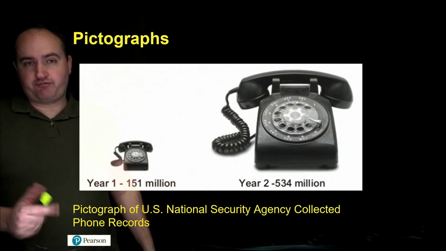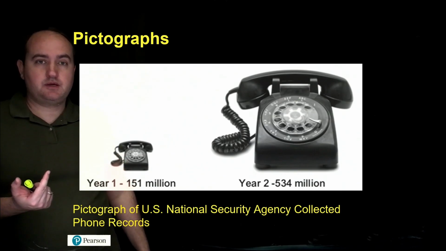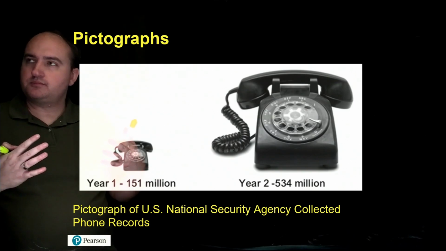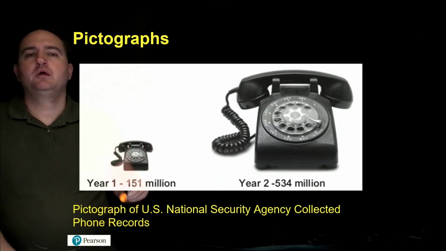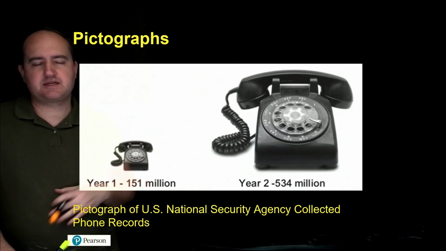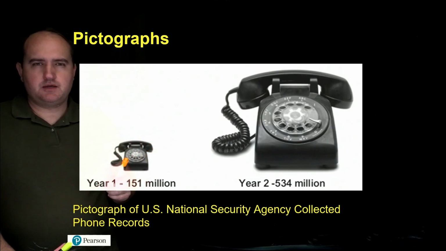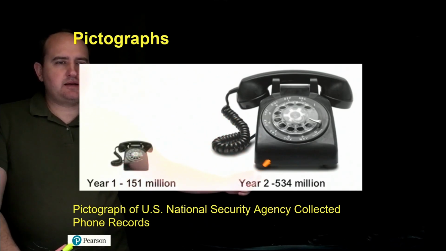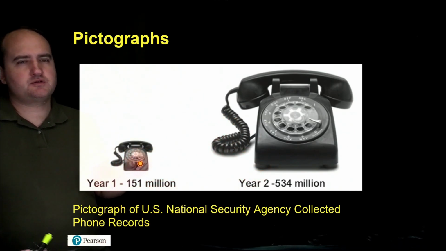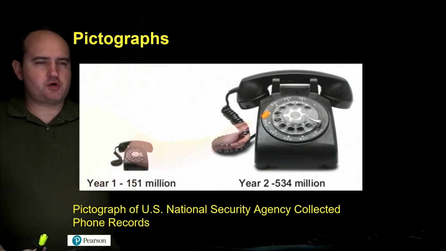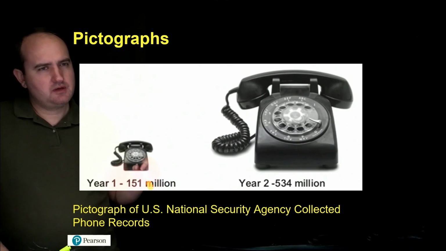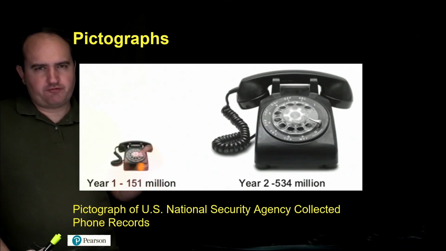Now, what I'm actually referring to when I say size is I'm just looking at the picture and, in my mind, I'm imagining the area. But the thing is, this is exaggerating the difference between these 2 years. So in the pictures, I want to say the phone on the right is about 8, 9, or 10 times the size of the phone on the left.